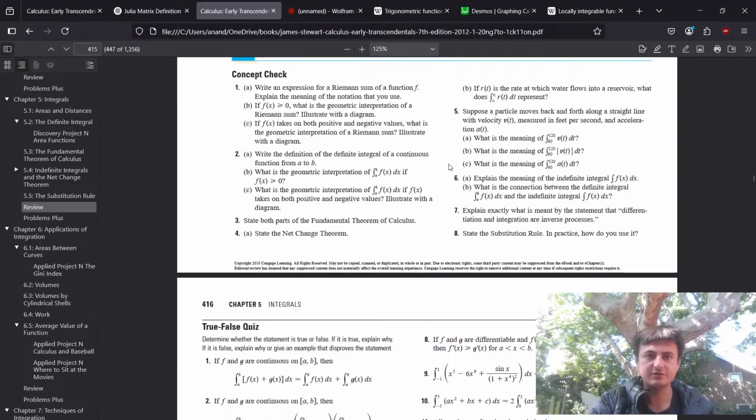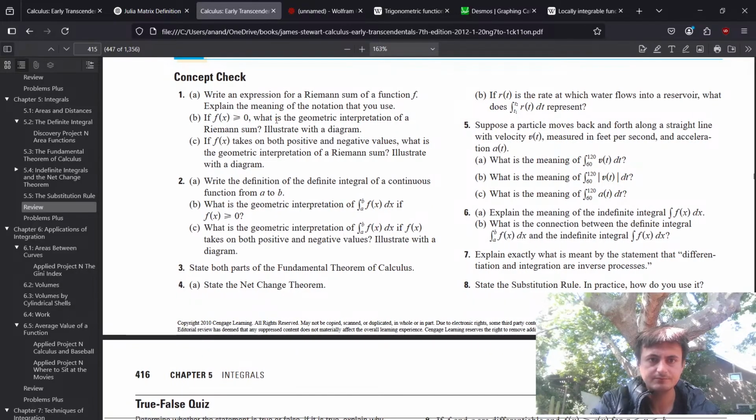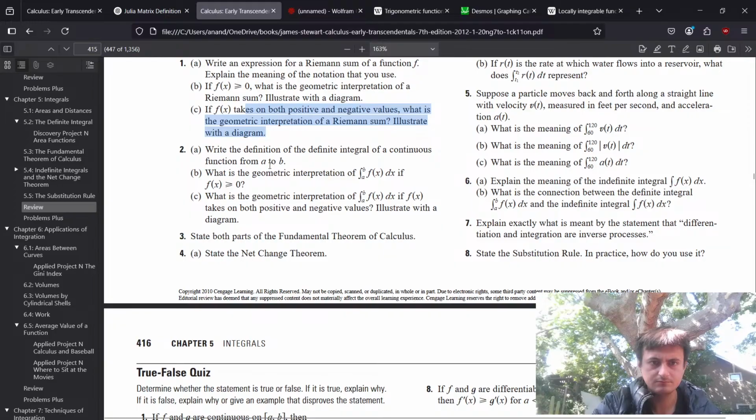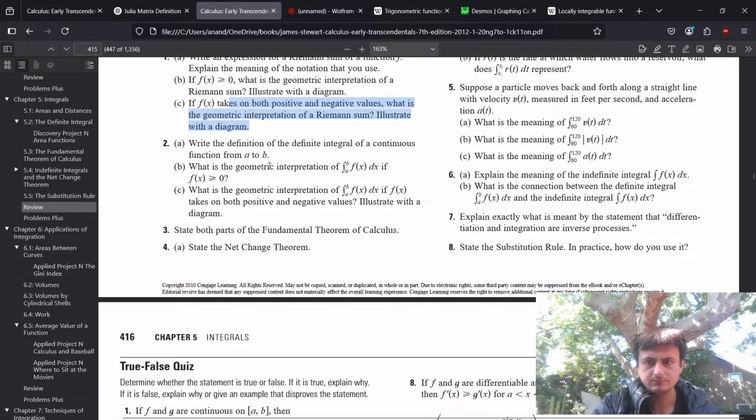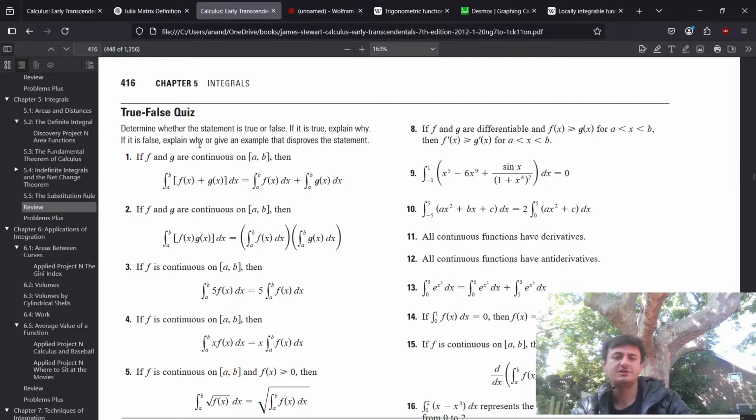I'm down to do some true false. All right, true false. If f and g are continuous on [a, b], then, that is true.